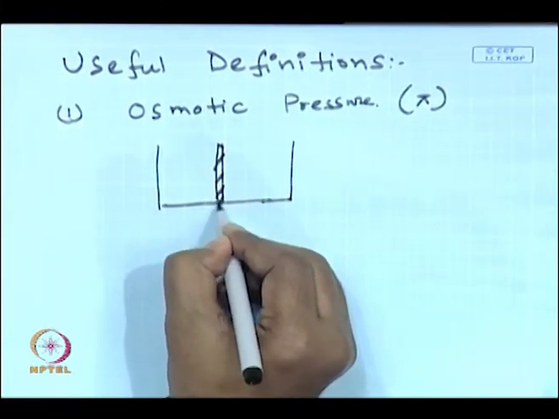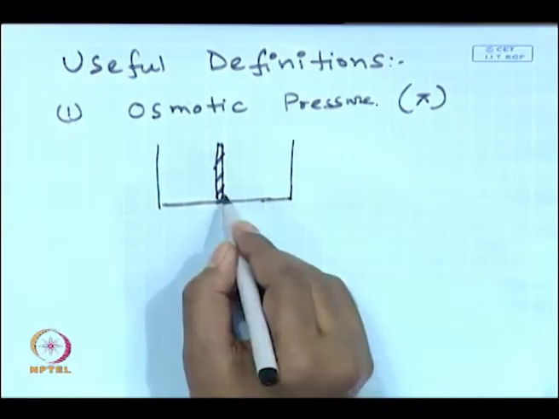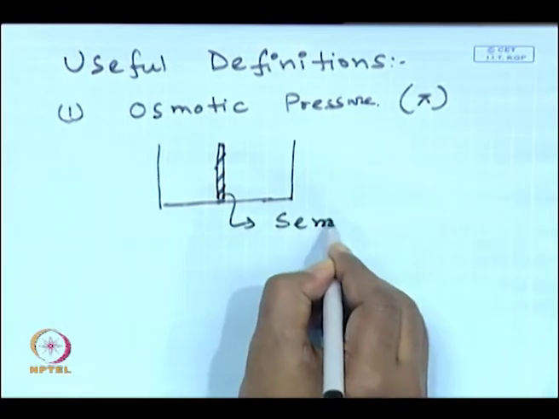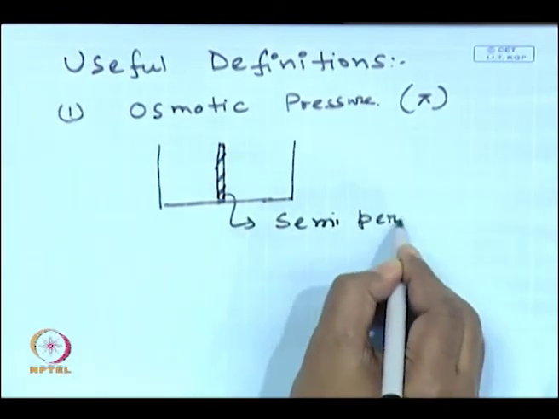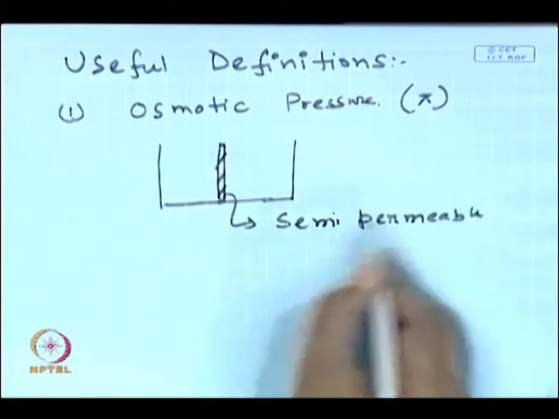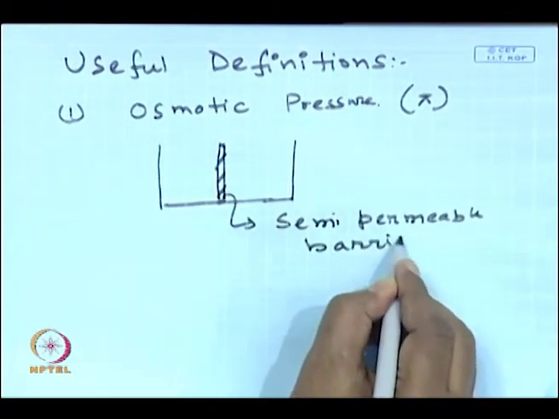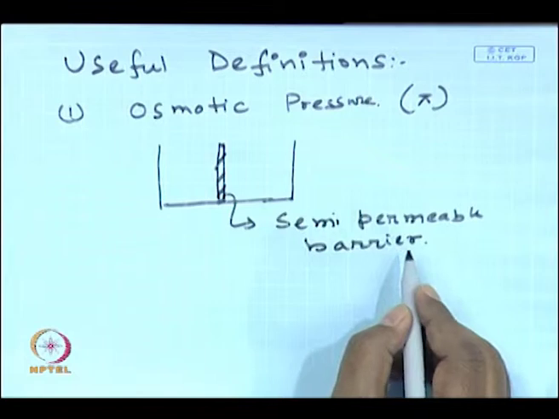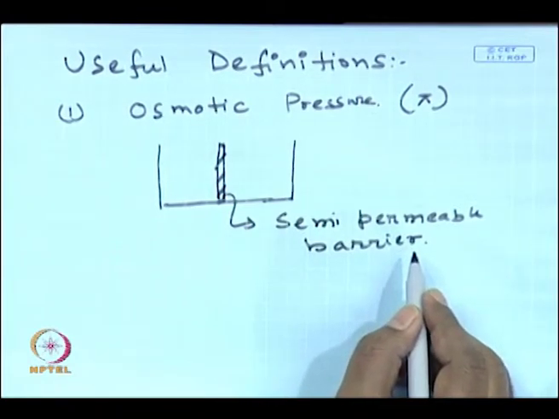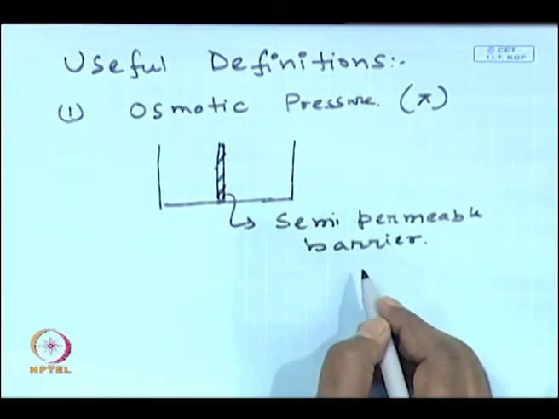Suppose we have a chamber separated by a semi-permeable barrier. Semi-permeable means that between the two species, it will be selective to a particular species.